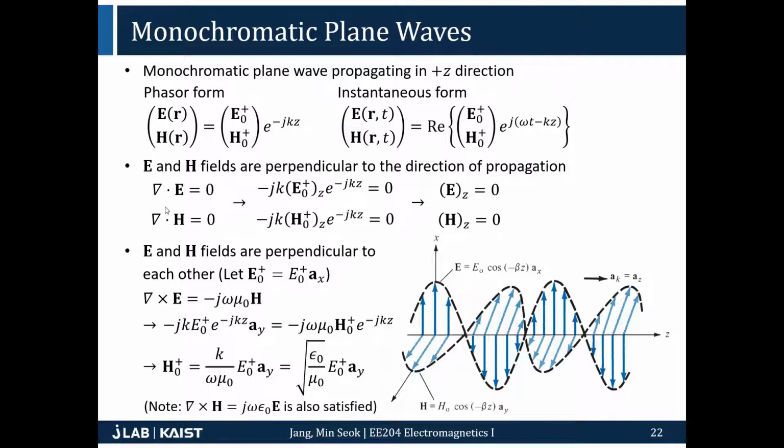And Dak Jun asks, was the fact that curl of E is negative j omega mu naught H derived from one of the Maxwell's equations? Oh yes, let me show you.